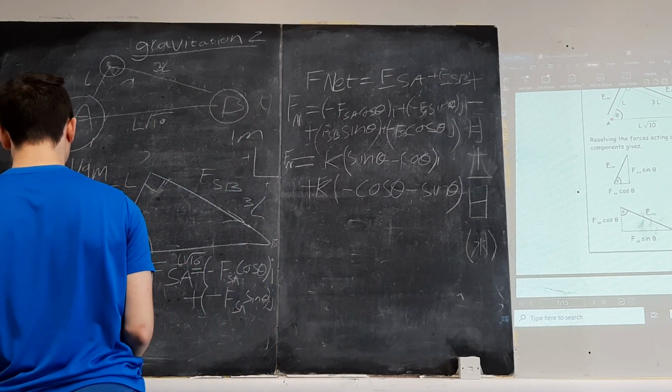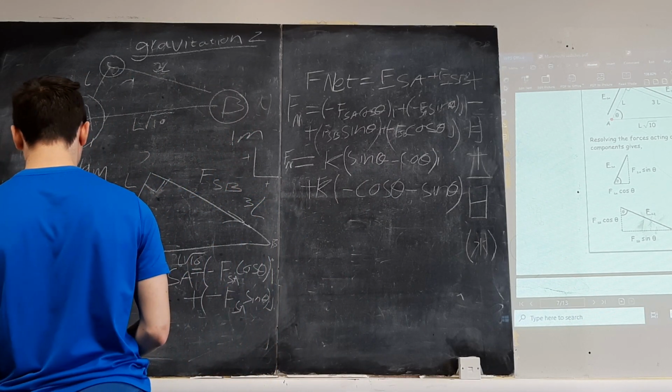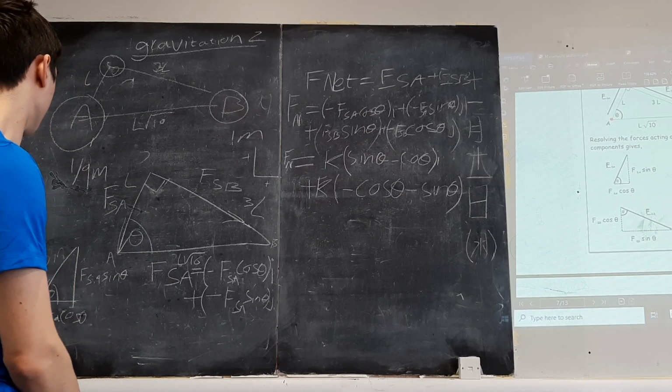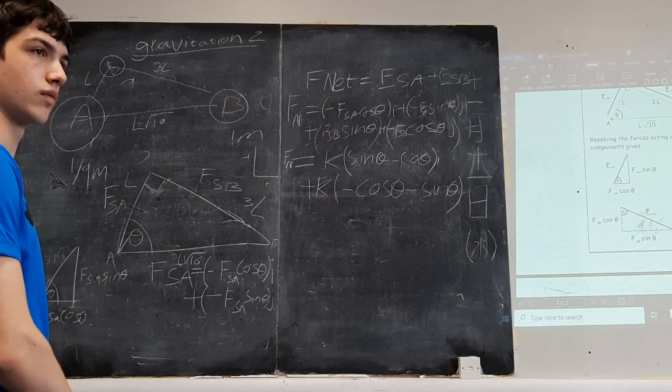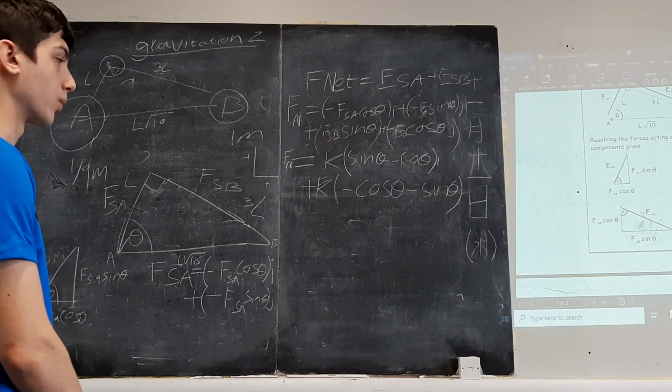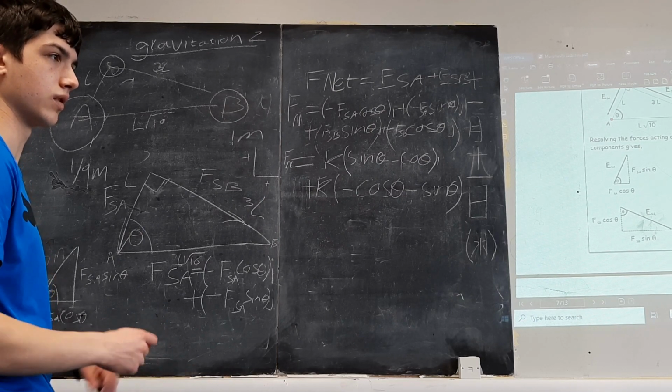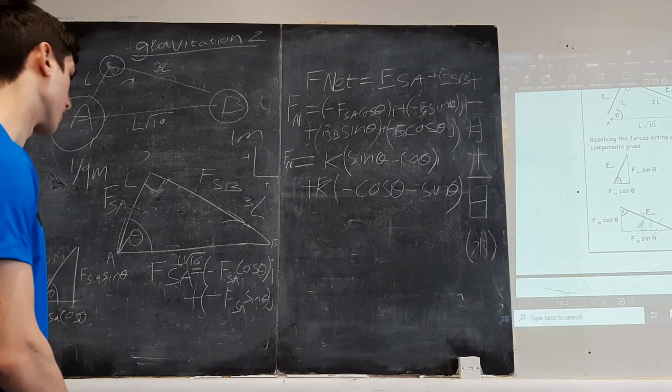So sine would be, oh well, you know it's a right angle because it's Pythagoras. One plus three squared is root 10 squared, but we're not doing that. We're using trigonometry. This is theta.